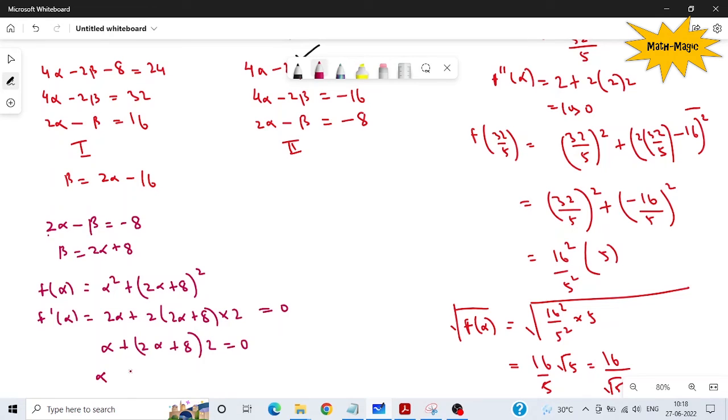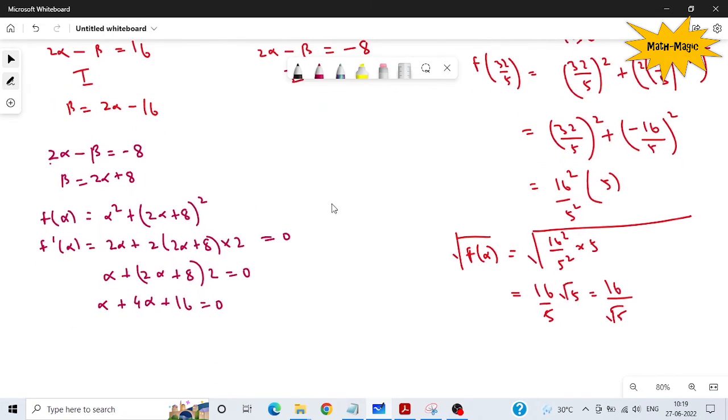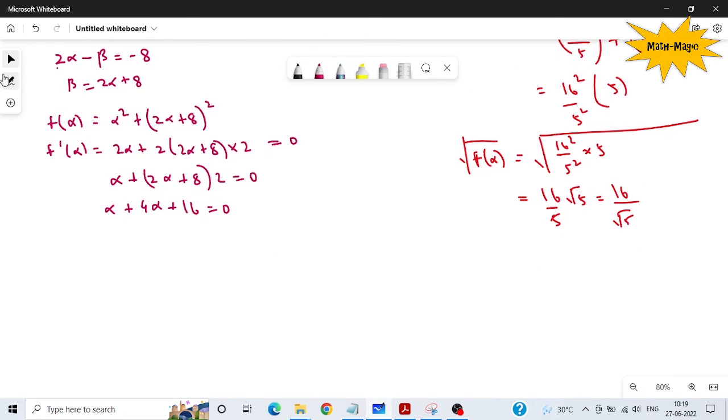So we are left with alpha plus 4 alpha plus 16 equals 0, similar to the work we did for the first case. So 5 alpha is equal to minus 16, and alpha is equal to minus 16 by 5.